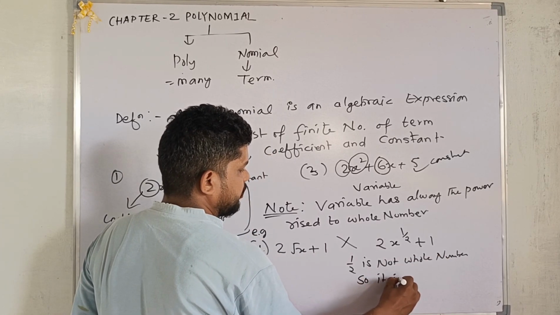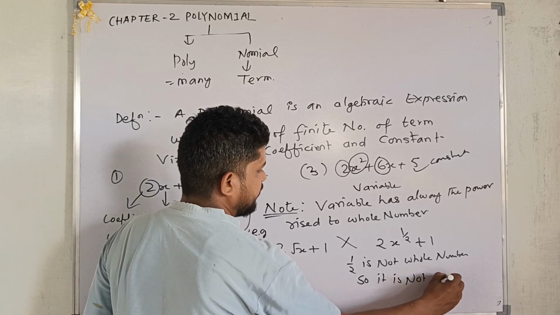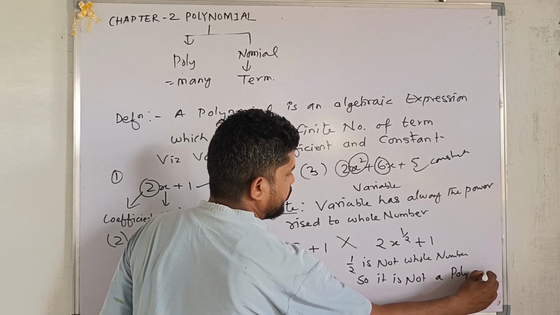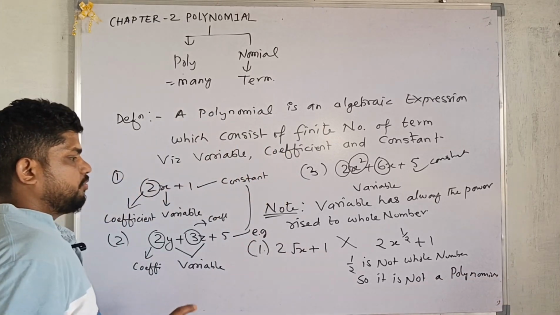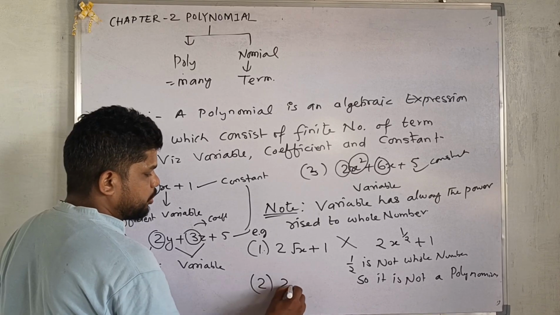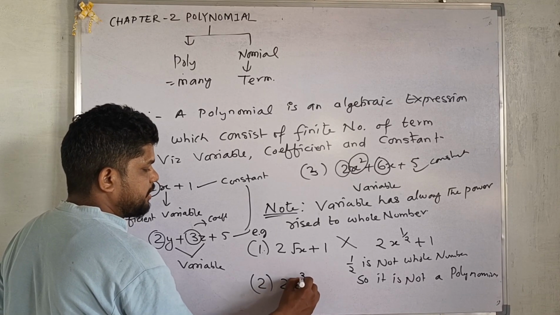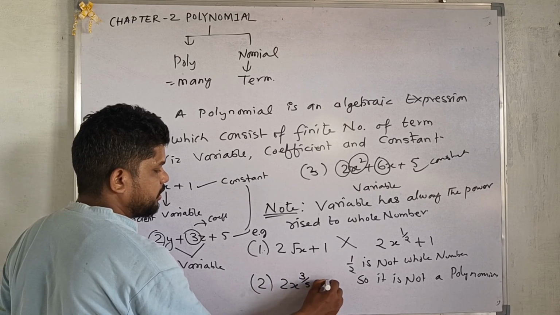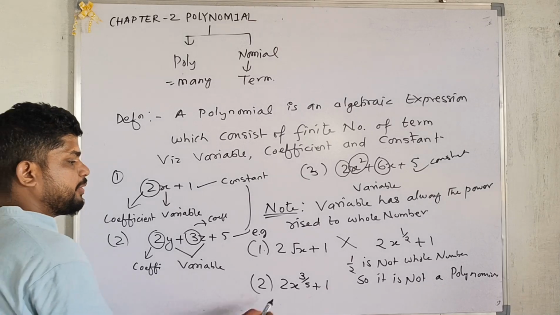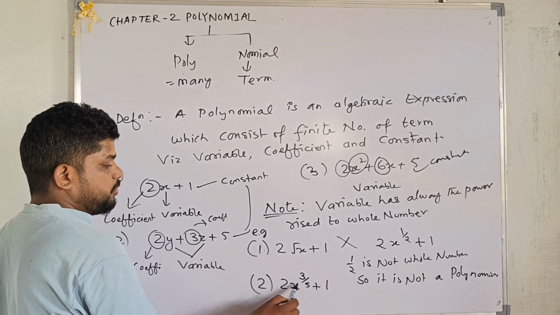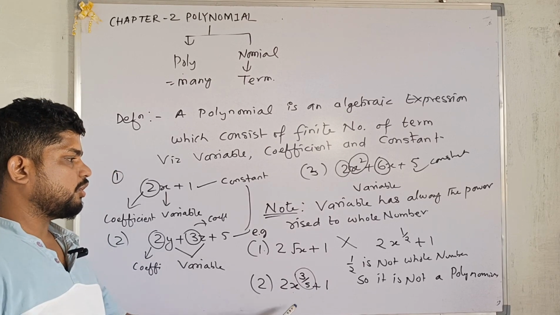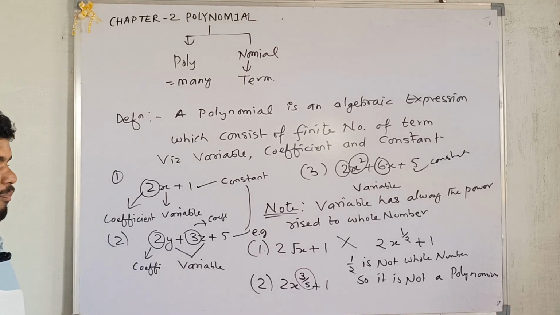So it is not a polynomial. What about this? Suppose I write 2x to the power 3 by 5 plus 1. Is it a polynomial or not? It is again not a polynomial, because the power raised to x is 3 by 5, which is not a whole number.